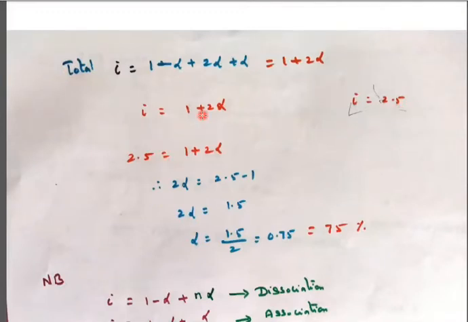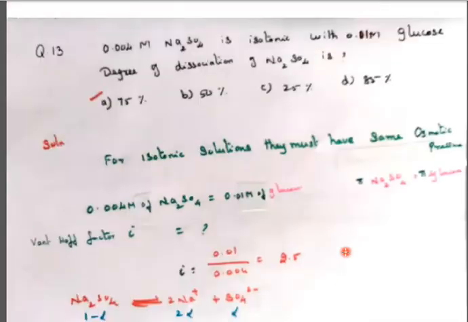So 2.5 is equal to 1 plus 2 alpha. Moving 1 across, 2.5 minus 1 gives 1.5. So 2 alpha equals 1.5. Alpha is equal to 1.5 by 2, equal to 0.75. To find the percentage, multiply by 100, we get 75%.